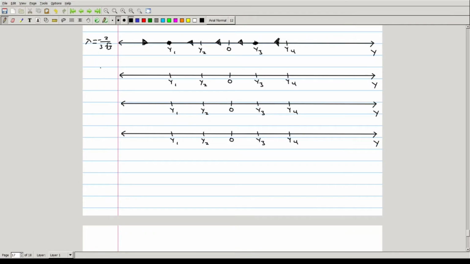When lambda is between negative 2 over 3 root 3 and positive 2 over 3 root 3, we'll actually have 3 real roots to this equation.